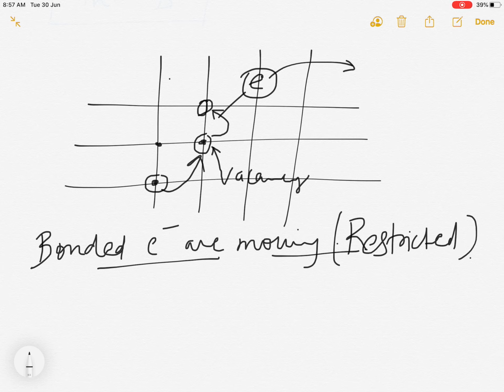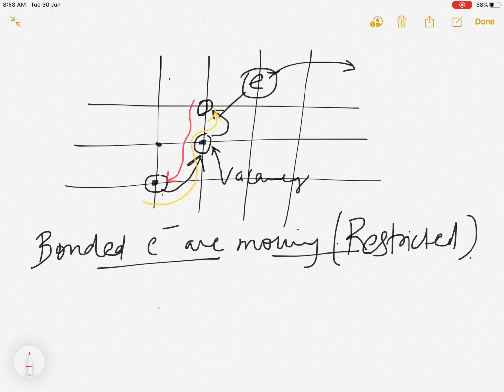What we can observe here is that the electron has a negative charge, as you all know, and this negative charge is moving along this pathway. On the other hand, the holes, these vacancies, are moving this way. Since the electron has negative charge and by the neutrality principle, these holes must have an equal positive charge.